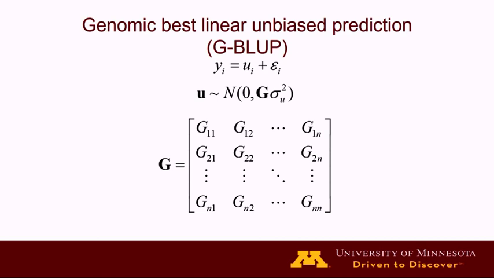And if it's considered to be a random effect, we assume that it has a certain distribution, a multivariate normal distribution that follows this covariance structure. And this covariance structure here is the G matrix. The elements in this G matrix are the realized genomic relationships calculated using the markers. This is how everybody in your population relates to each other according to the genomic data that you collected using your markers.